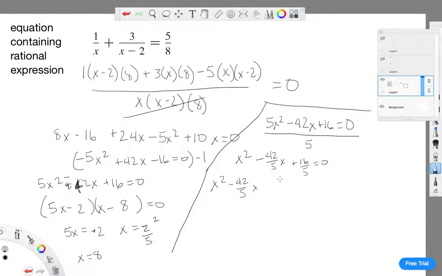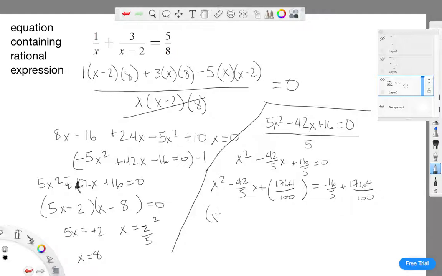It's half of 42 over 5, squared, which is 42 over 10, and so 42 over 10 squared is 1,764 over 100, not pretty, and that's equal to negative 16/5 plus 1764 over 100.